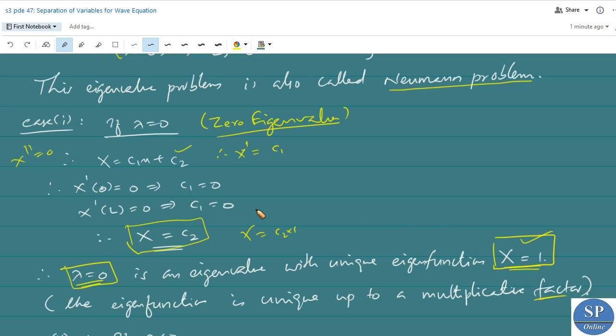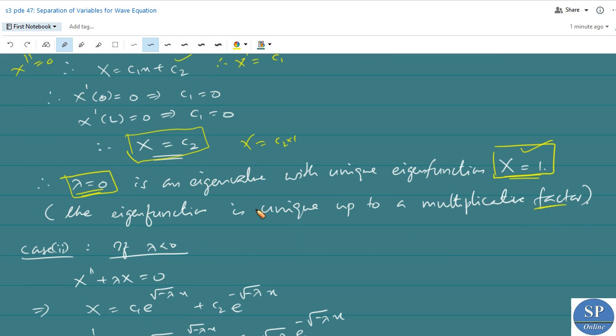Clear? Now consider the second case when lambda is less than 0. So we are considering negative eigenvalues. Okay, that means this differential equation is X double dash plus lambda X equal to 0.